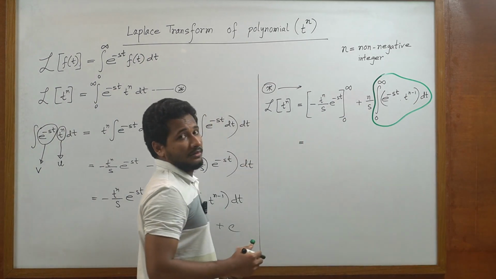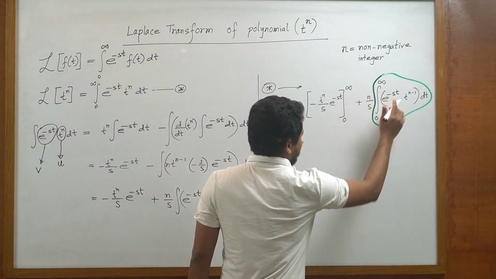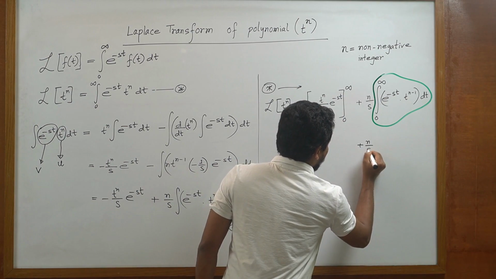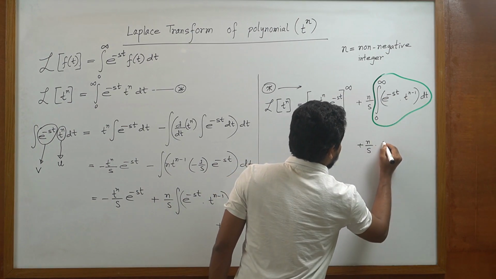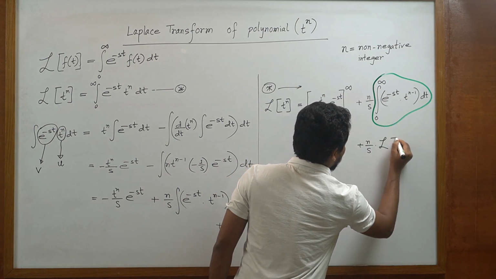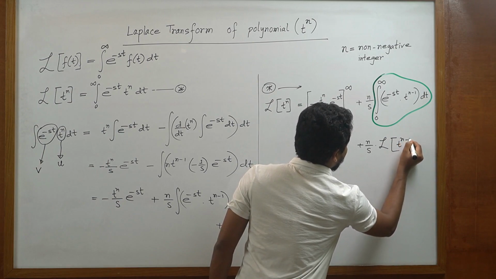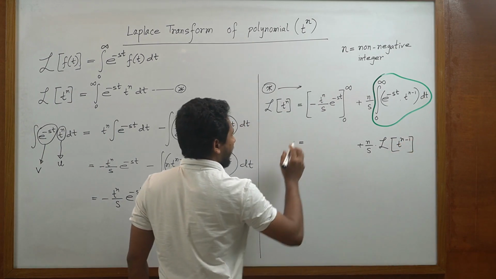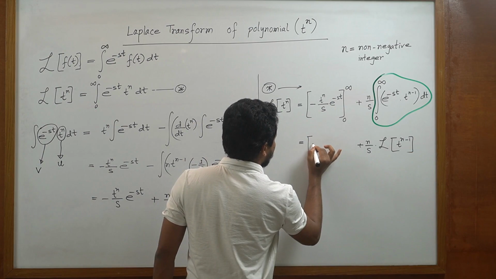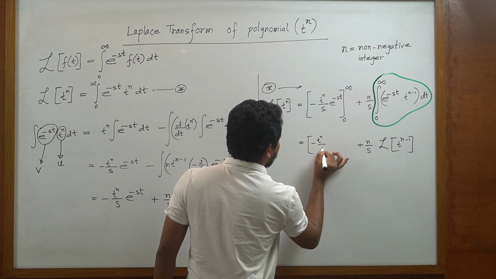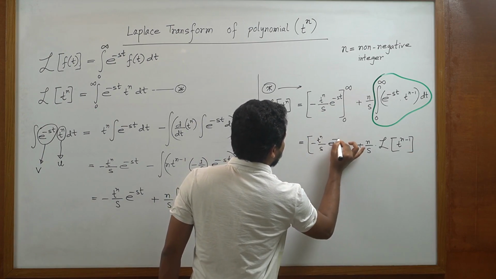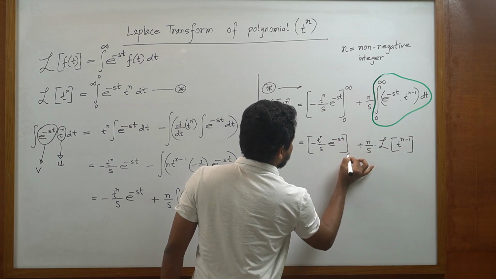So we will write this part as the Laplace transform of t to the power n minus 1. And this part will be minus t to the power n by s e to the power minus st.